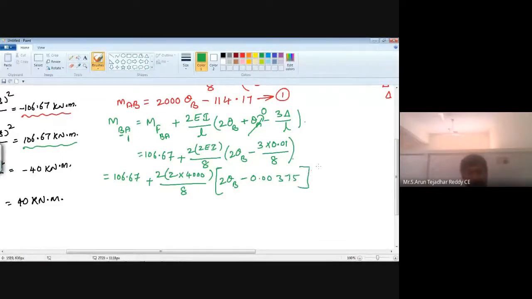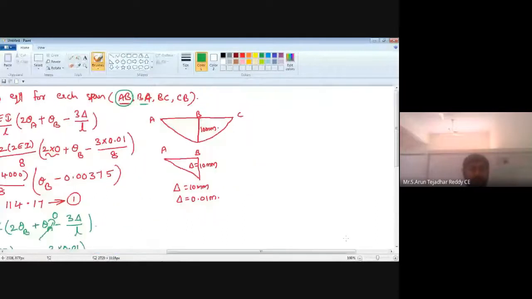Now after evaluating this equation, finally MBA is 4000 theta B plus 99.17. That is equation number 2. Now here BA is completed.